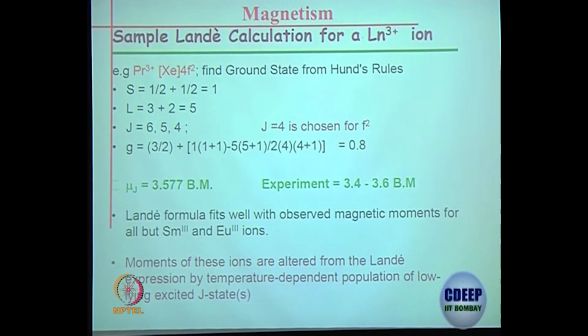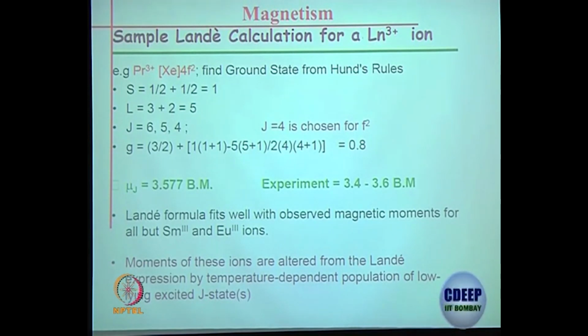Now L: with 2 unpaired electrons, it should be plus 3 and plus 2. L should be the maximum also, right? It is not like you will put them at 0 and minus 1 or anything. So L equals the summation of ML.